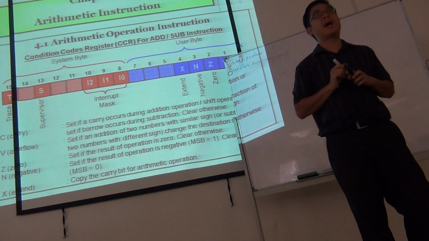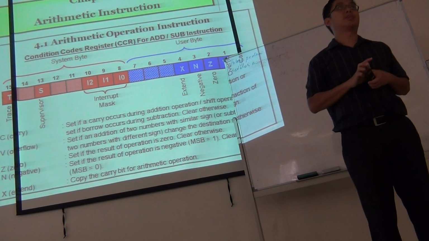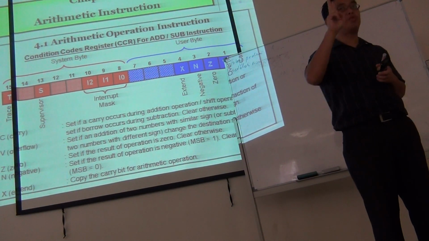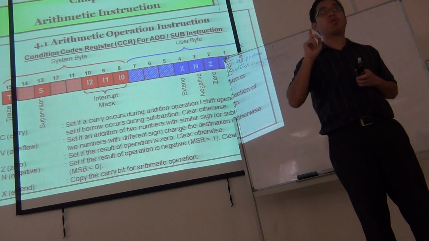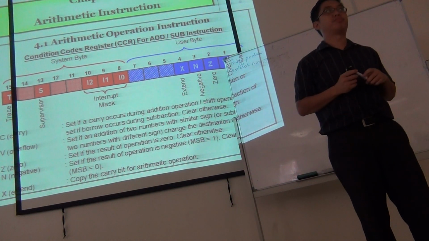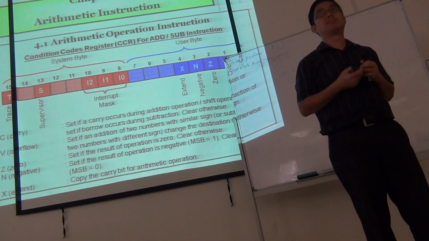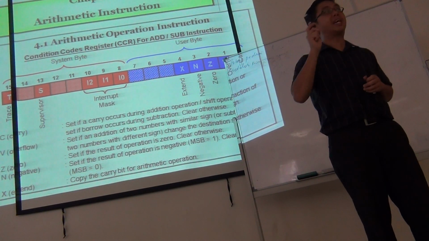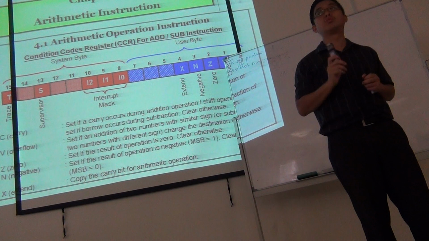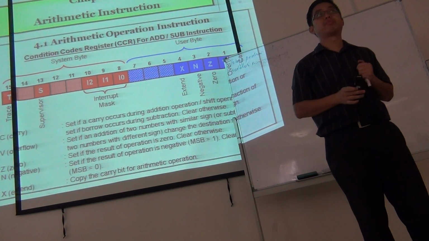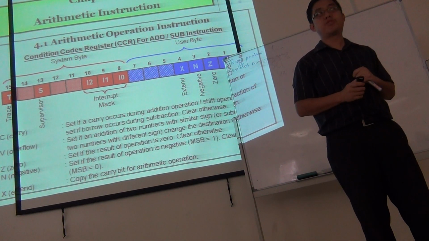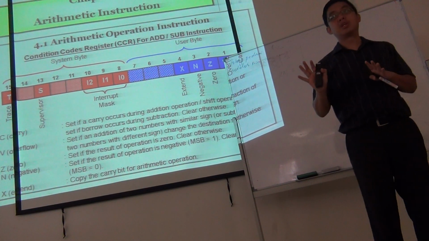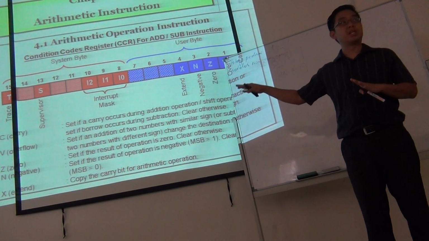Because this is a binary register, it's going to have only two values, 1 or 0. So that's the term. If I say set, it's equivalent to 1. If I say clear, it's equivalent to 0. Okay, so far? So the function is very clear.